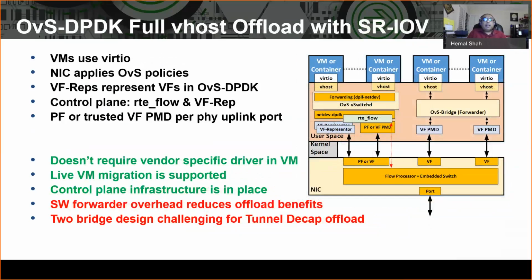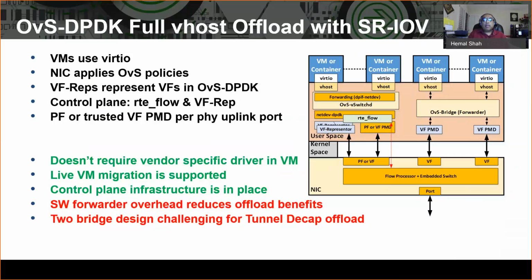Next one is a slight variant of the previous model where we are preserving the Virtio driver model in the VM by having this OvS bridge forwarding between the vhost and VF PMD. The remaining RTE flow and VF representor infrastructure, what I mentioned on the previous slide, is applicable here. So this model gives you the full benefit of full offload, and flow processing layers are bypassed from the OvS.